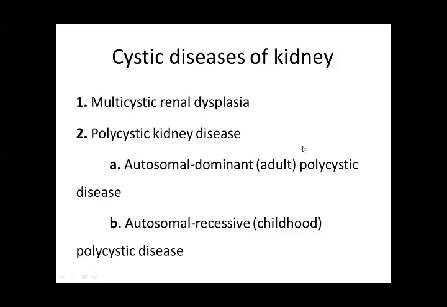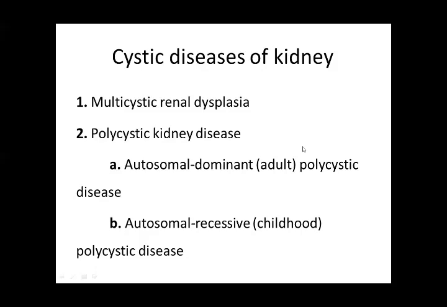So, multicystic renal dysplasia. We have done this one before, but I'll just review quickly the diseases that were done before, and I'll try to discuss in detail the diseases we did not study before. Multicystic renal dysplasia is the only dysplasia we did study last time.